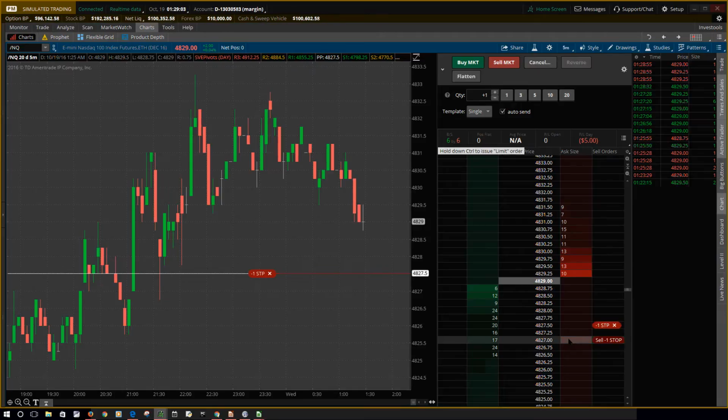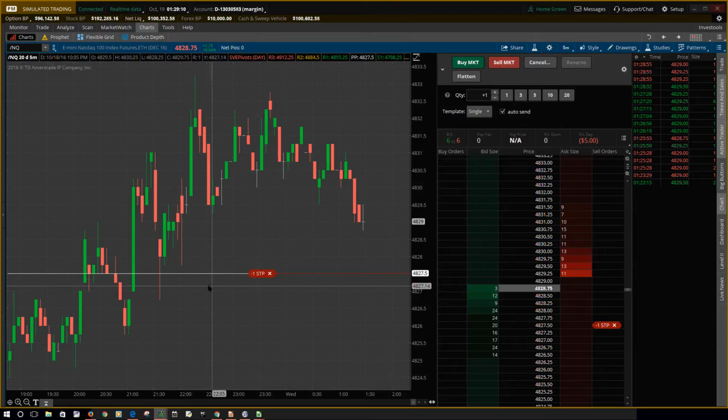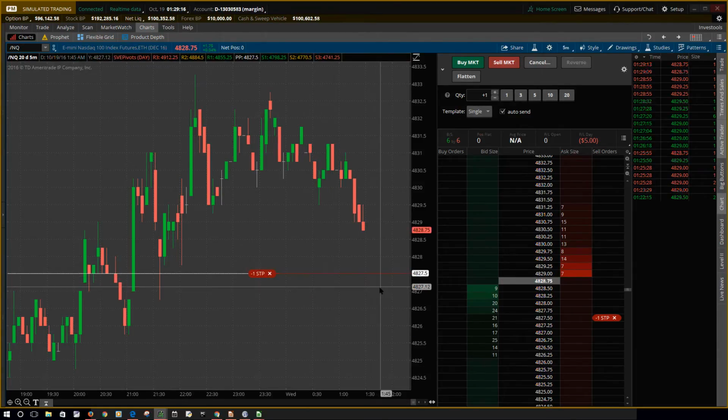On this platform, you can click on the ladder, saying if the market breaks this level right here, I want to go short. Your expectation is the market continues dropping once it gets to this point. Once that order is filled, you put your buy stop above the price where you got in, and your buy limit down below price for your target.